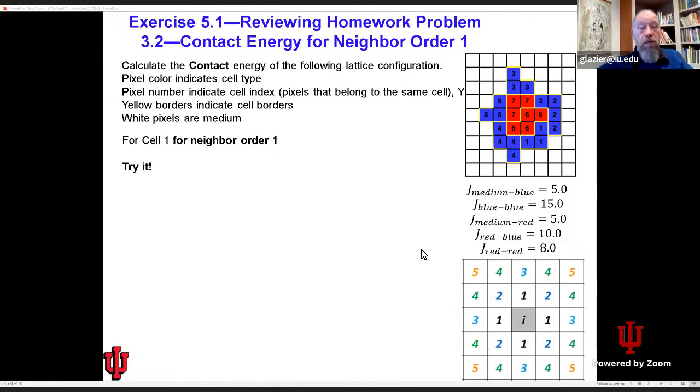And now I would like you to, let's do this together. We are just going to pick one cell. We're not going to do this for all the cells in the pattern. If you did it, you'll remember that it's tedious to do it. But let's do for neighbor order 1, and let's just pick cell number 1 and ask the question, what is the contact energy for cell number 1, assuming nearest neighbor interactions, neighbor order 1.